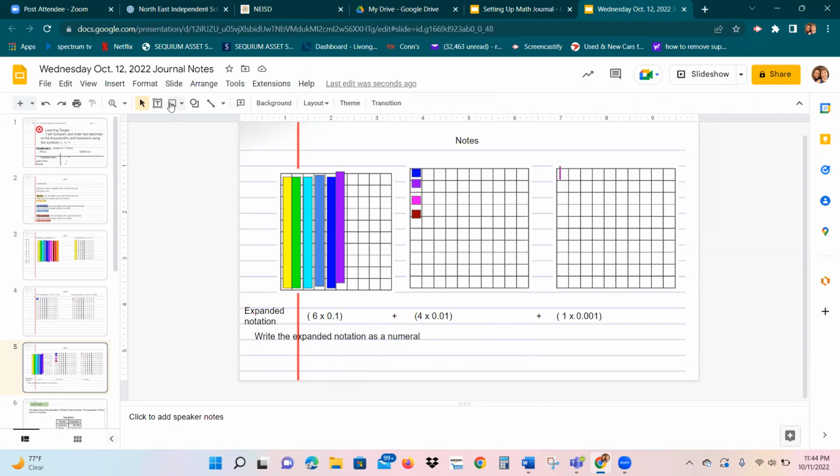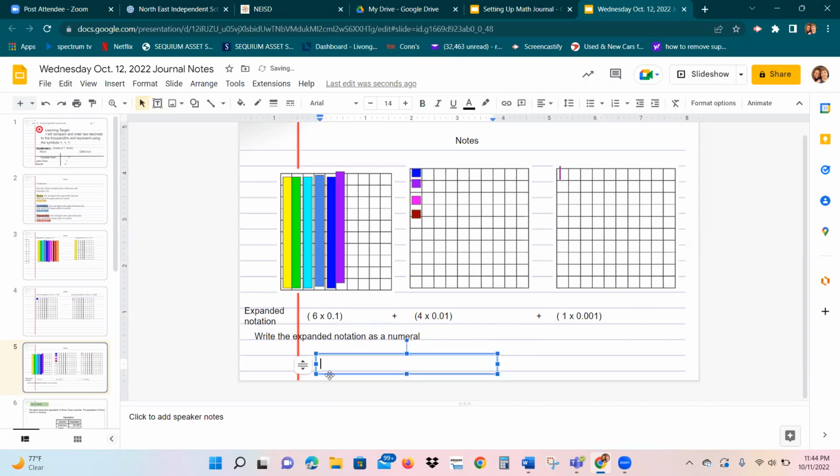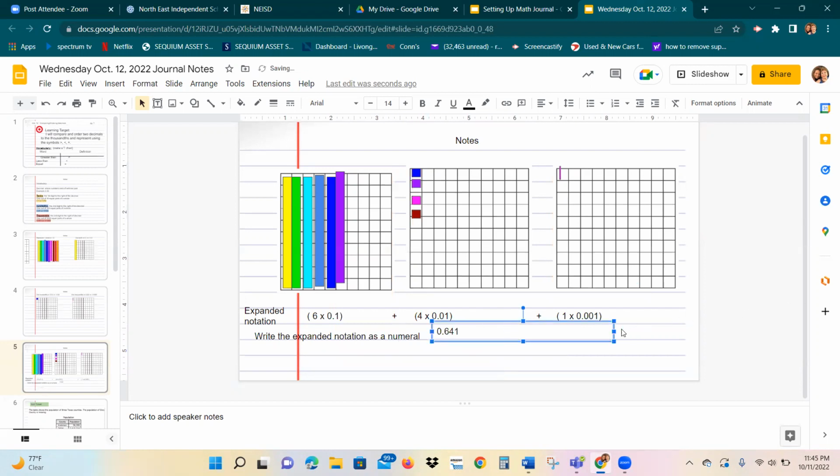So I have 0 whole numbers, putting in my decimal point. 6 times the 1 is 6 in the tenth. So I have 6/10. I have 4 hundredths, and I have 1 thousandth. So written as a numeral will be 641 thousandths.